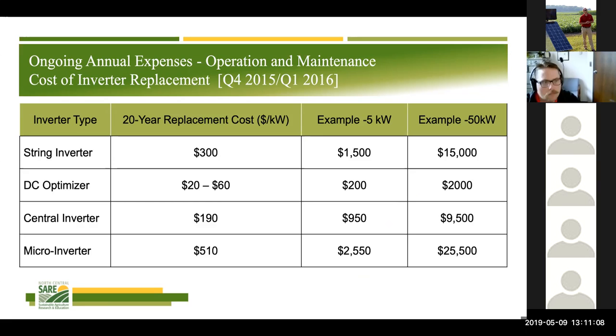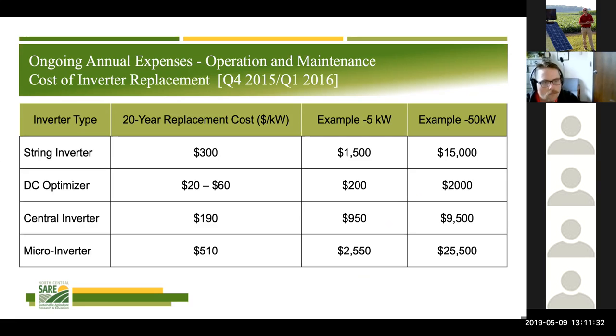And so one way that we could look at more accurately modeling these types of systems is to say, okay, we're going to plan on $7 per kW annually as our annual operations and maintenance expense. And then in year 10 or year 15, when our manufacturer warranty is running out on that inverter, we'll plan on an additional cost that we're going to put in there to buy that warranty extension.